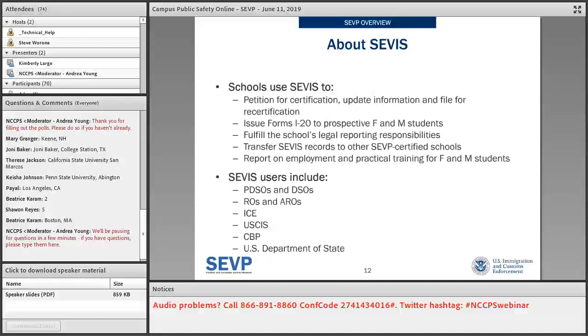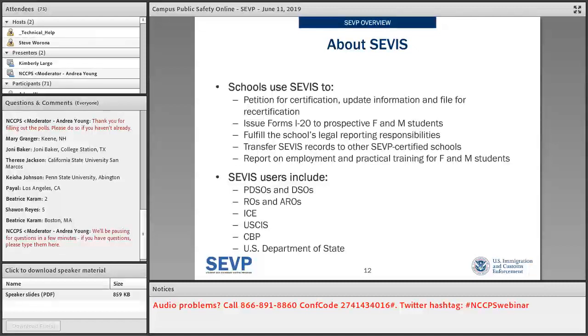So, SEVIS. SEVIS, as I said, is a database. It houses information on the students, schools. Users include a lot of government officials, such as myself. However, the majority of our users are going to be those PDSOs and DSOs at your schools. It is also the database where the I-20 is issued from.